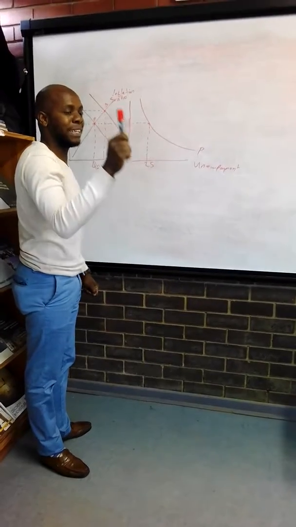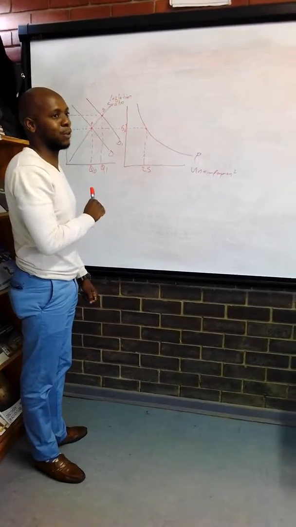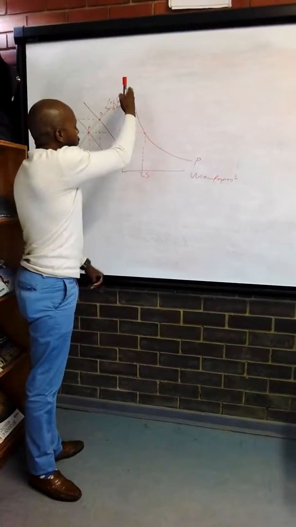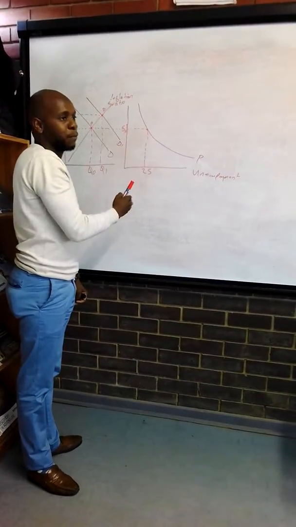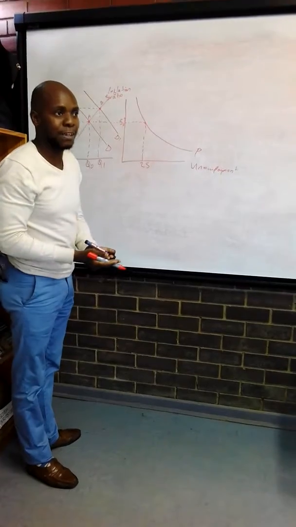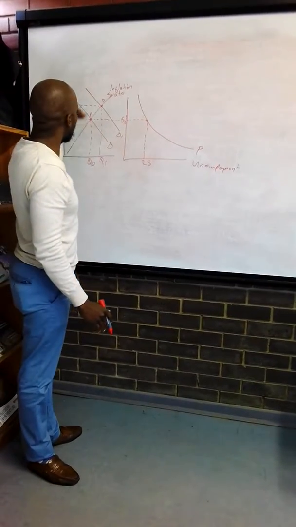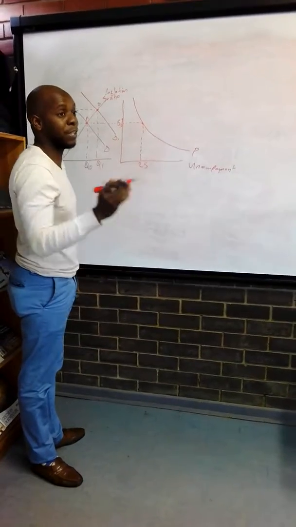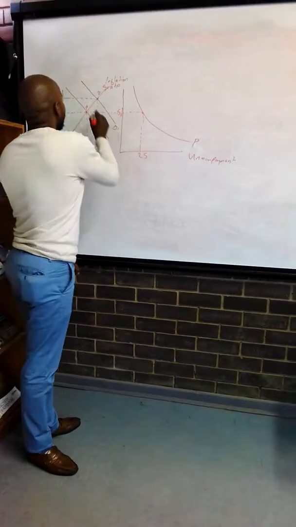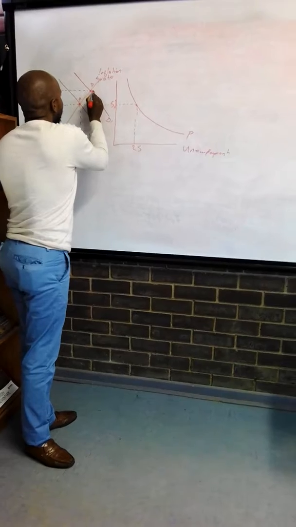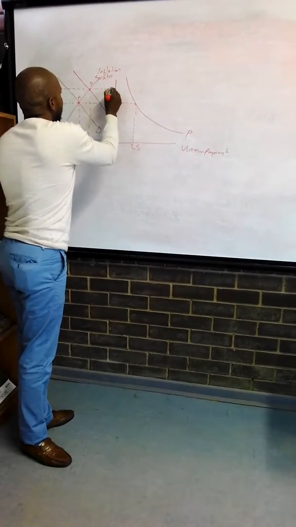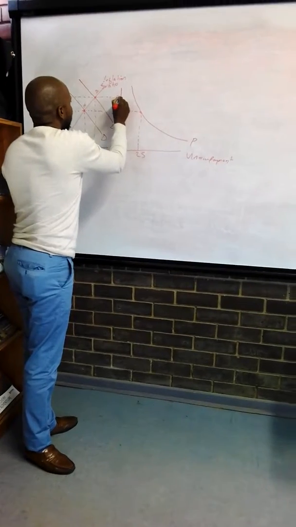What happens to the inflation that we are talking about? Because the sole aim is to explain the Phillips curve. What happens to the inflation rate when the prices are high or when the demand for goods is high? It increases, let's say from 5 to 7%.